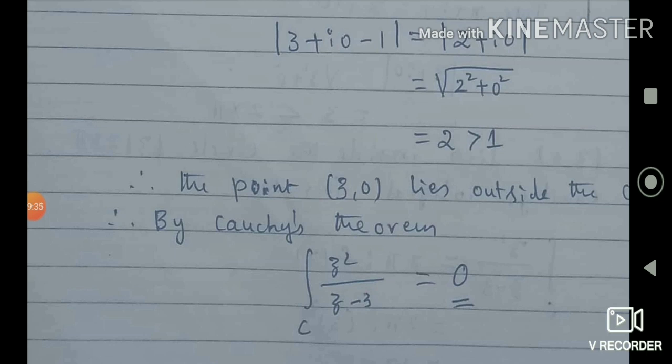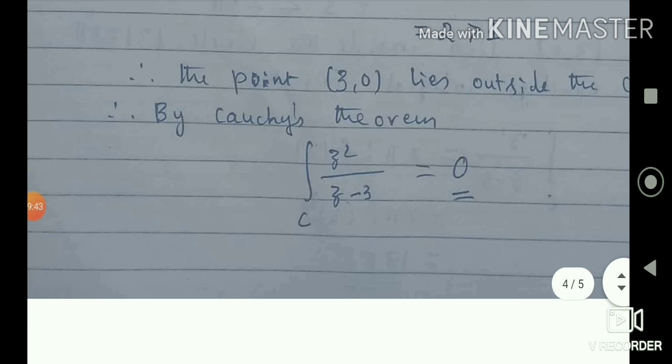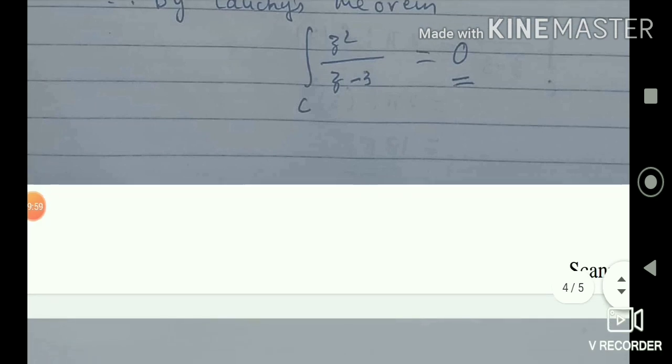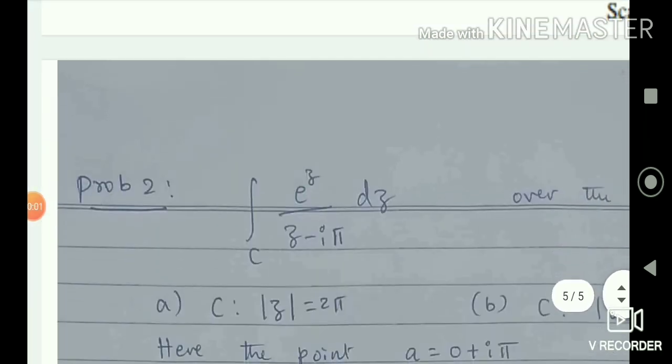The integral of f of z dz over a closed circle is 0. Therefore we get the answer in the third case, that is C, as 0. So that completes the first problem. Sometimes we have to apply Cauchy's integral formula, sometimes Cauchy's theorem. Cauchy's theorem applies if the function f of z is completely analytic inside and on the boundary of the given curve. Right, so this is the first problem. I hope it is clear.